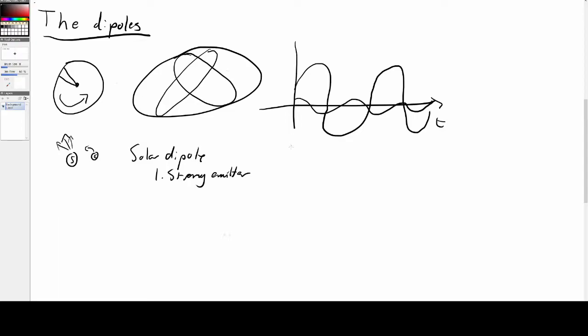The orbital dipole, although as you can see, and it's more exaggerated than what I've drawn here, the orbital dipole does not have this quality of being a very strong emitter. So unfortunately, it doesn't satisfy that. But on the other hand, we know perfectly well how Earth moves around the sun. That has been measured to a very high degree.